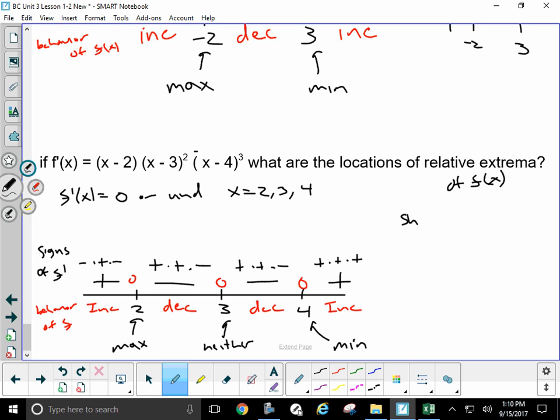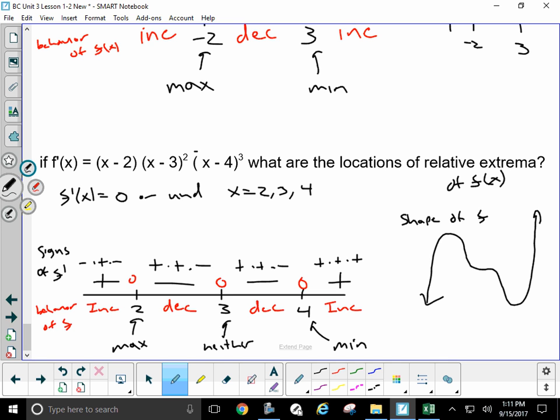And if you want to sketch the shape of f, this is what it would look like. Increasing to decreasing to flattening out to decreasing to increasing. Something like that. All known by looking at just the signs of its derivative.